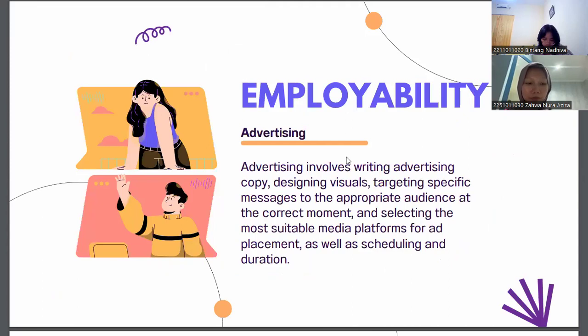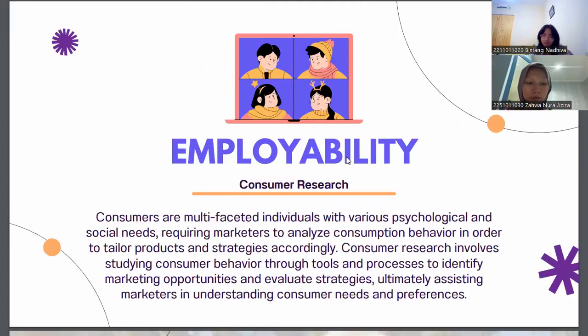And the next one is advertising. Advertising involves writing advertising copy, designing visuals, targeting a specific message to the appropriate audience at the correct moment, and selecting the most suitable media platform for ad placement, as well as scheduling and duration.